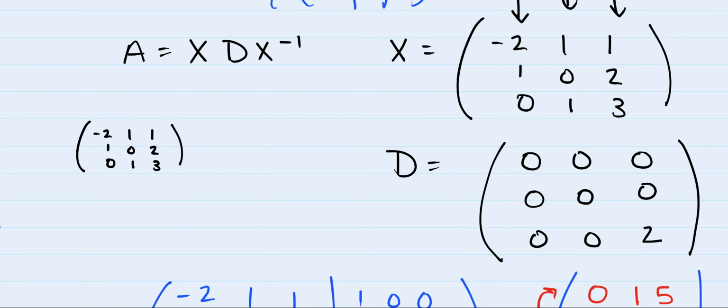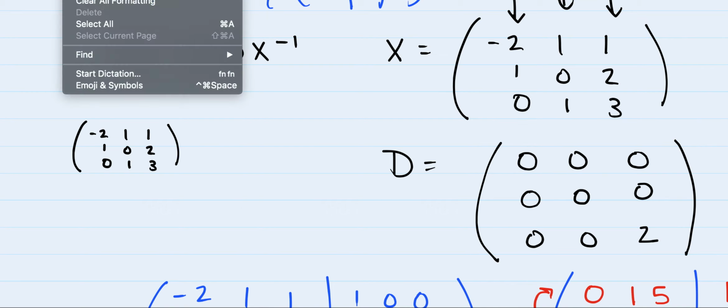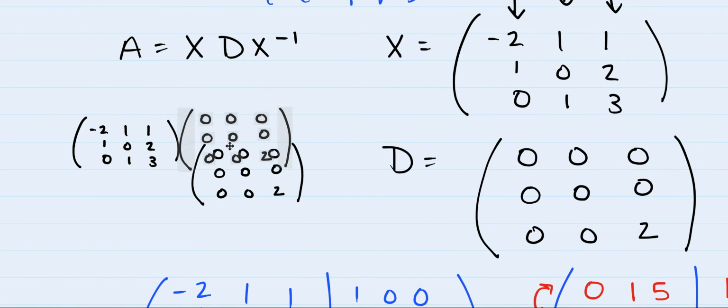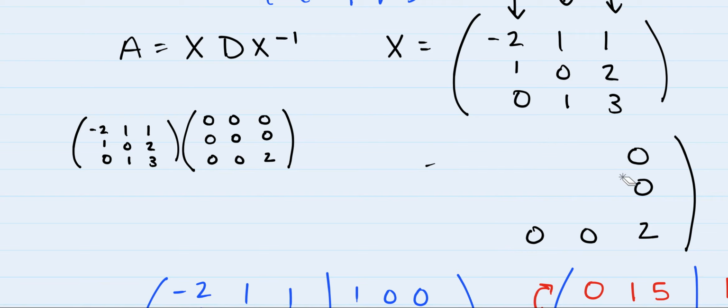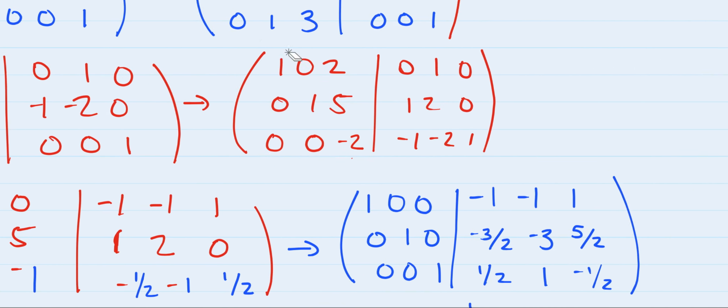If we multiply that with this matrix D, put that here. And then we multiply it by this matrix X inverse, which I'm going to copy and paste.